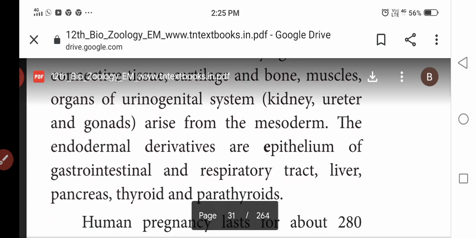So next one, the remaining parts: gastrointestinal and respiratory tract, liver, pancreas, thyroid, parathyroid come from the endodermal system. That means endoderm. So these are the functions of the germ layers.